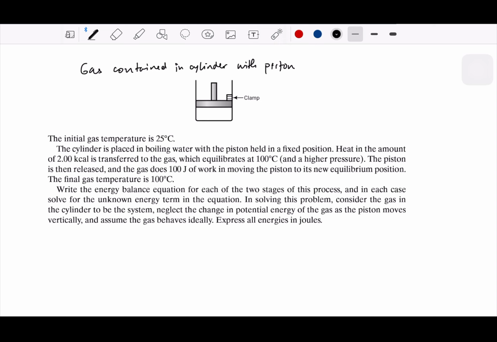Consider the gas in the cylinder as the system. Evaluate the change in potential energy of the gas as the piston moves vertically. First, we can ignore that and assume it's an ideal gas and express all energy in joules. So for example, if the problem doesn't mention any conditions, you can assume it's ideal.